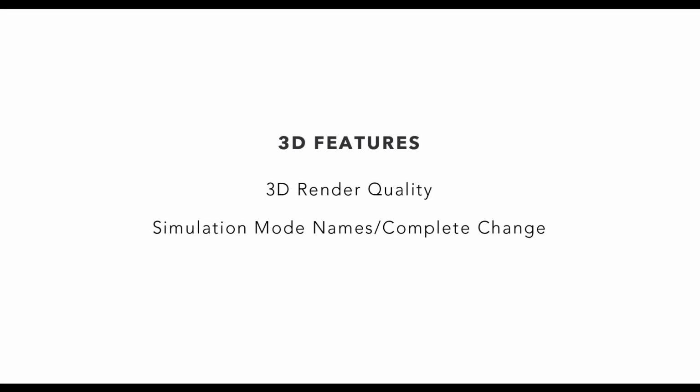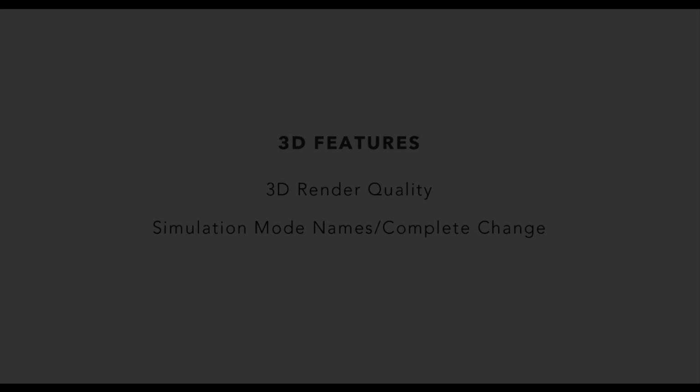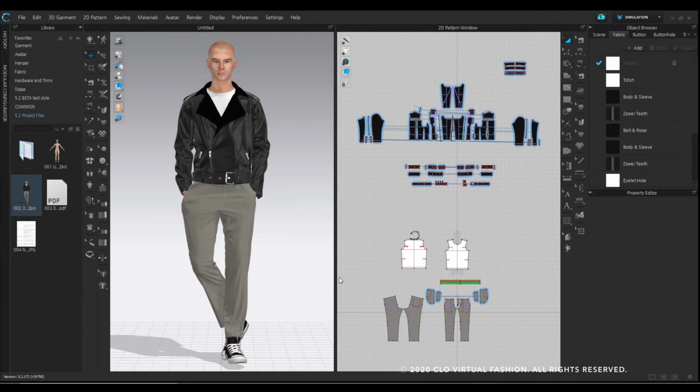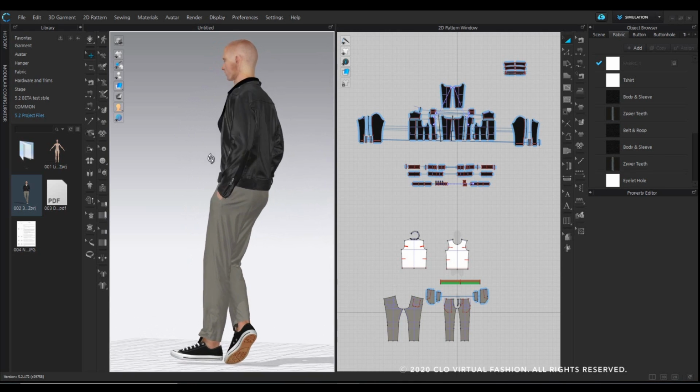Now we'll move on to the next new feature in 3D, which is 3D quality render. You see we have new project files where we already made all the garments on the avatars with the looks and pose.